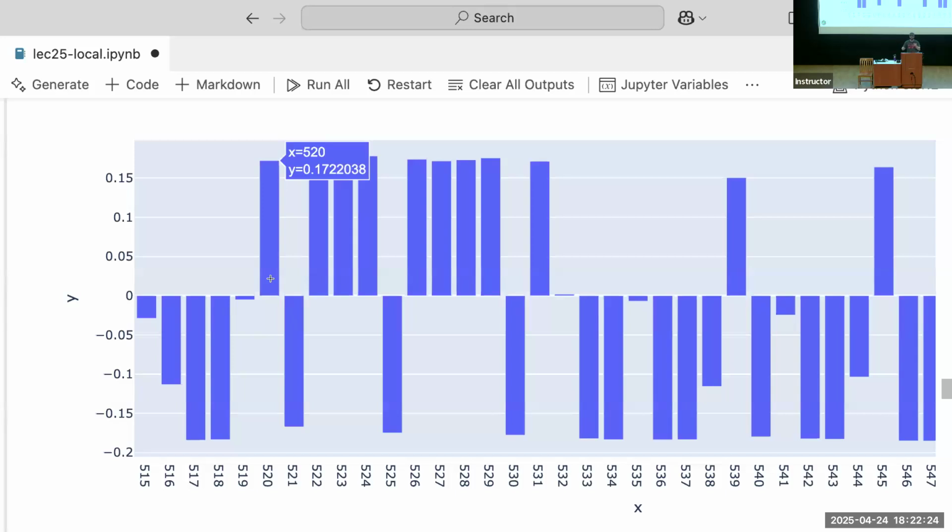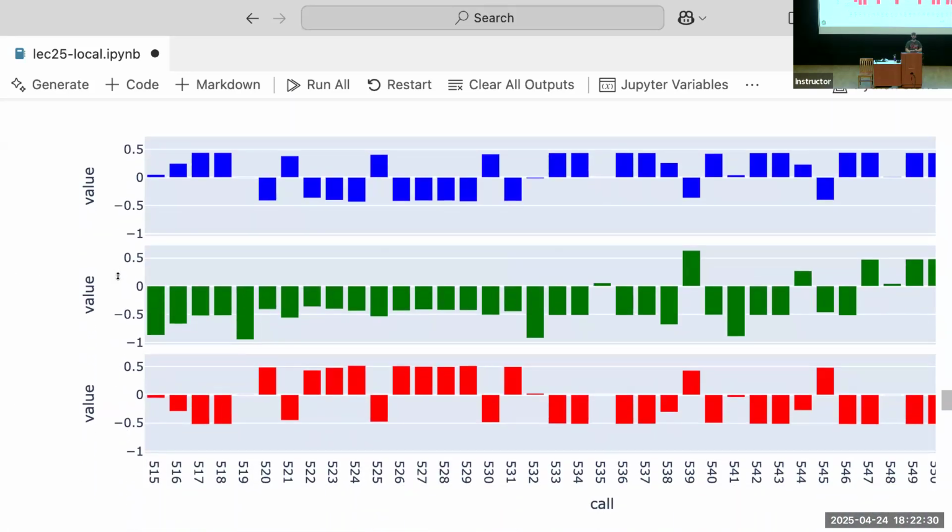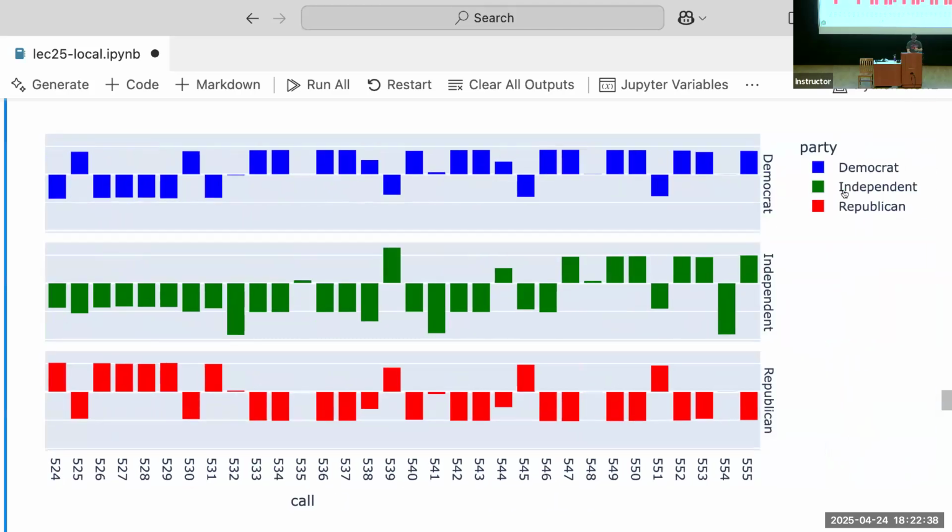And so what's going on here? Looking from above, we can plot the average standardized, the average centered vote. That's why it's on a funky axis. But we can plot the average centered vote by party, where blue is Democrat, green is independent, red is Republican.